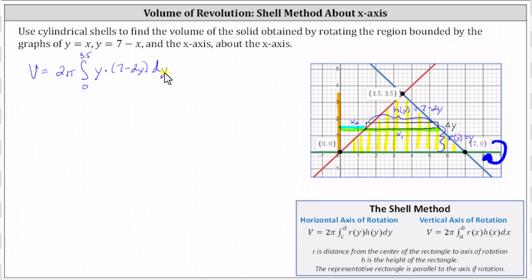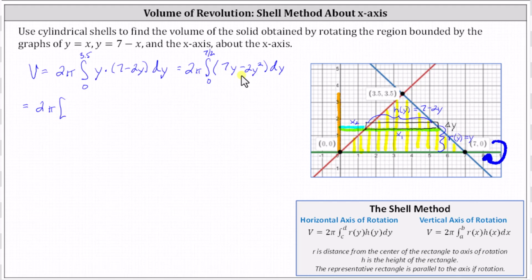Let's rewrite the integrand function. Let's also write 3.5 as 7 halves. The integrand function is 7y minus 2y squared. Next, we determine the antiderivative, and don't forget about the factor of 2 pi.